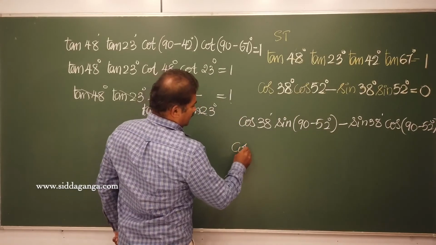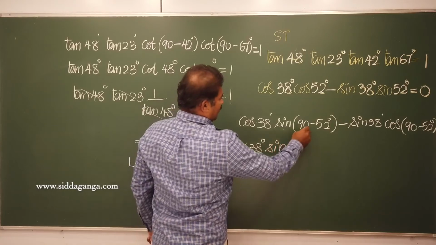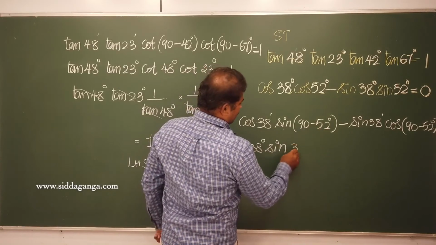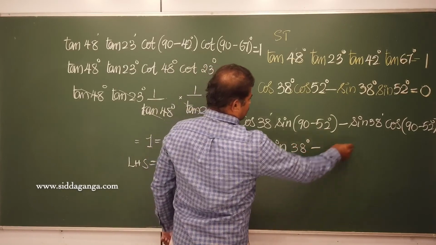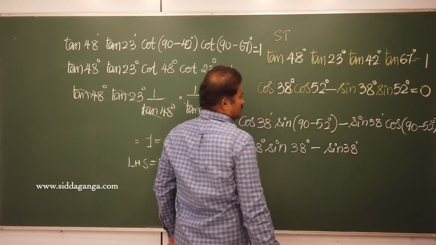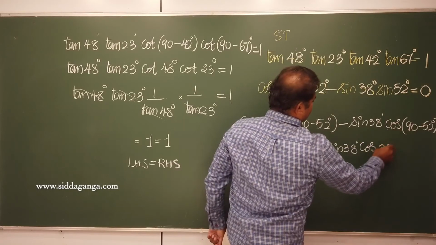So this is cos 38 degrees into sine (90 minus 52). What is that value? 90 minus 52 is again 38 degrees, minus here you have sine 38 into you have cos (90 minus 52) is 38 degrees.